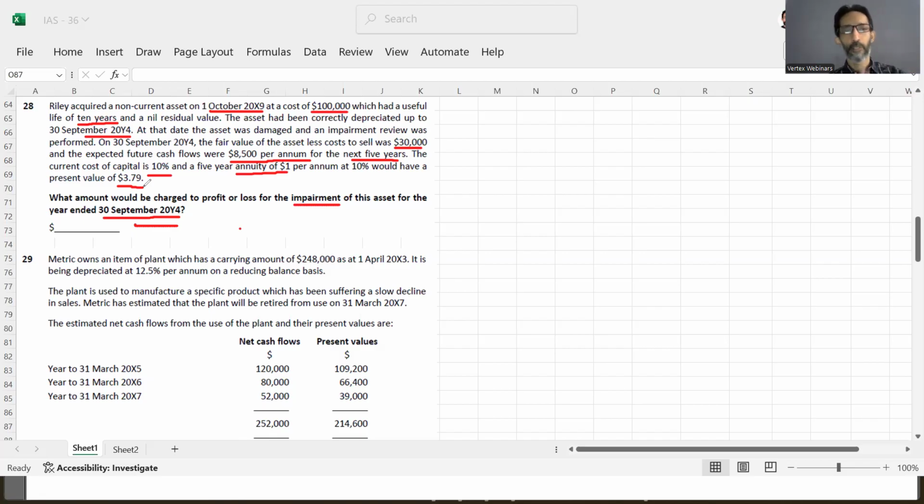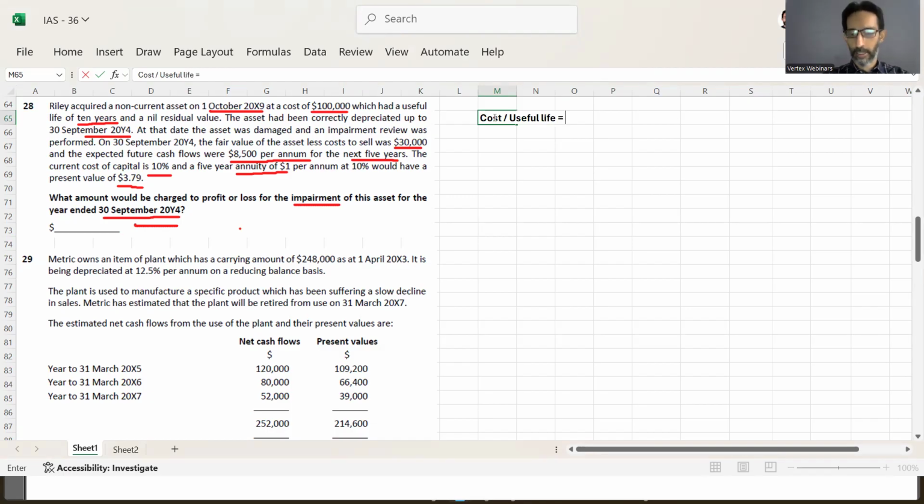Okay, so first of all, let's get done with the carrying amount, and then we can see. The asset has been used for 5 years, so let's calculate the depreciation for the 5 years. It has a 10-year life, so we take the cost divided by the useful life, which is 10 years.